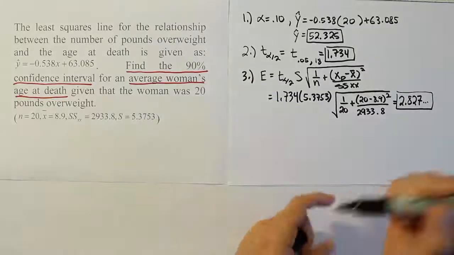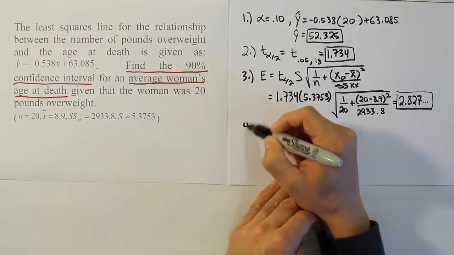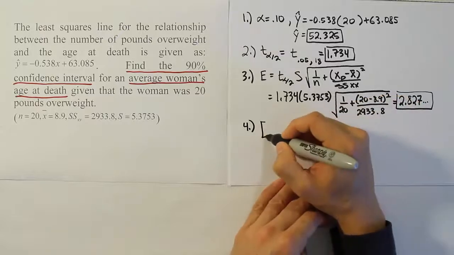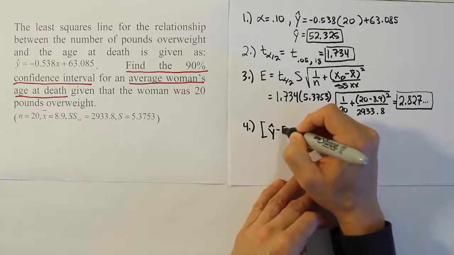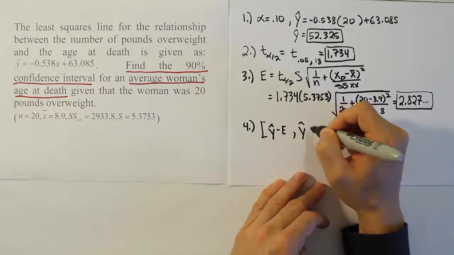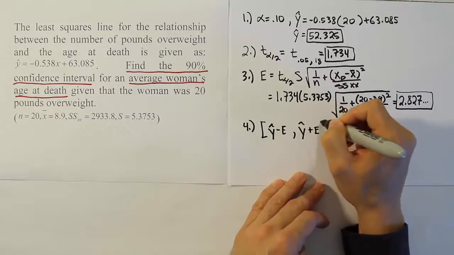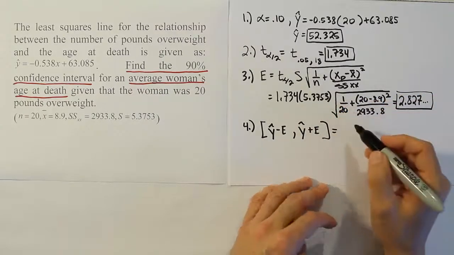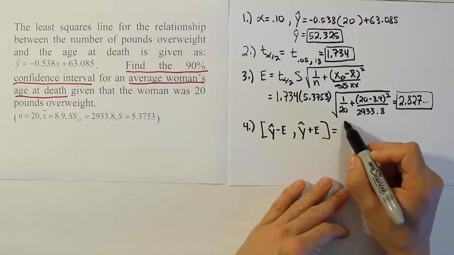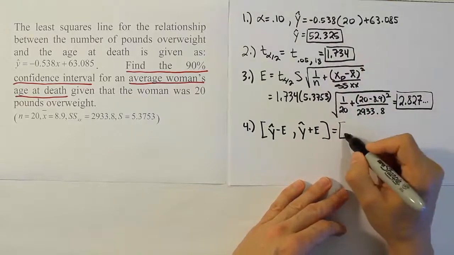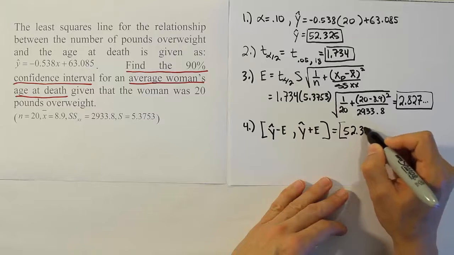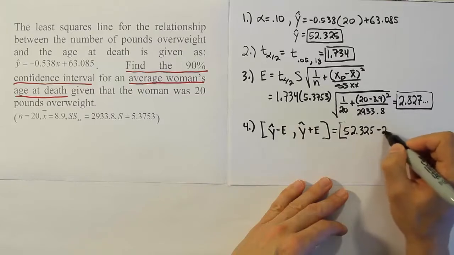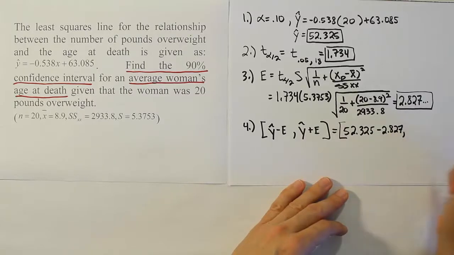Our final step, step 4, is to fill in the interval: y hat minus the error, comma, y hat plus the error. We plug in the number we got in step 1, 52.325 minus our 2.827, and then 52.325 plus 2.827.